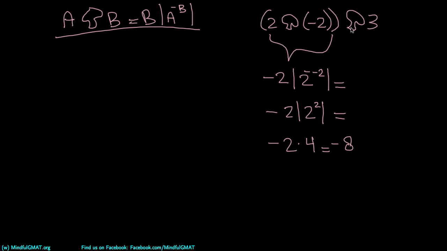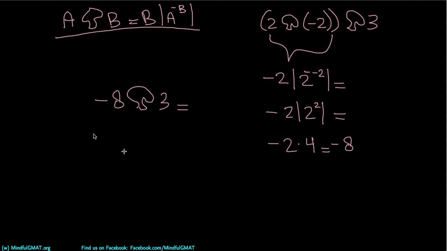So you can then rewrite this whole thing as minus 8 symbol 3. And again, you just fill in this formula. What you get is 3 times the absolute value of minus 8, and that thing to the power minus 3.